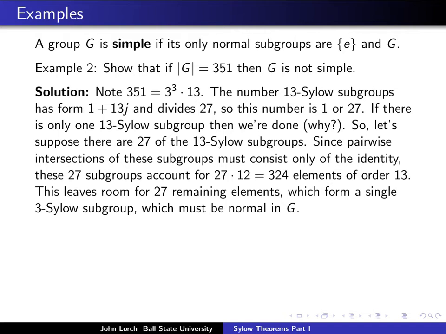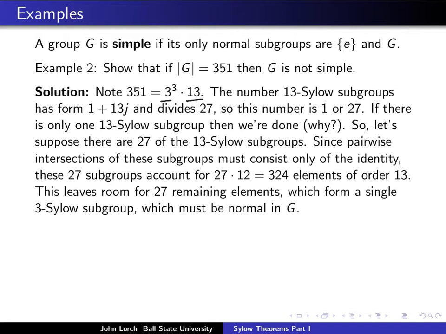So we're going to be showing that if G is a group of order 351, it must possess a non-trivial proper normal subgroup. So the first thing we want to do is take 351 and write it as a product of prime powers. So here we can write 351 as 3 cubed times 13.